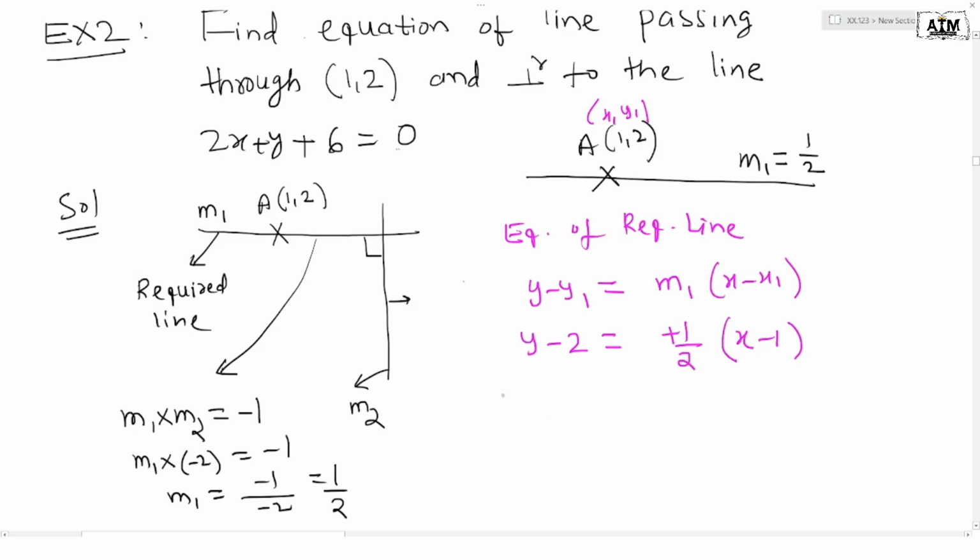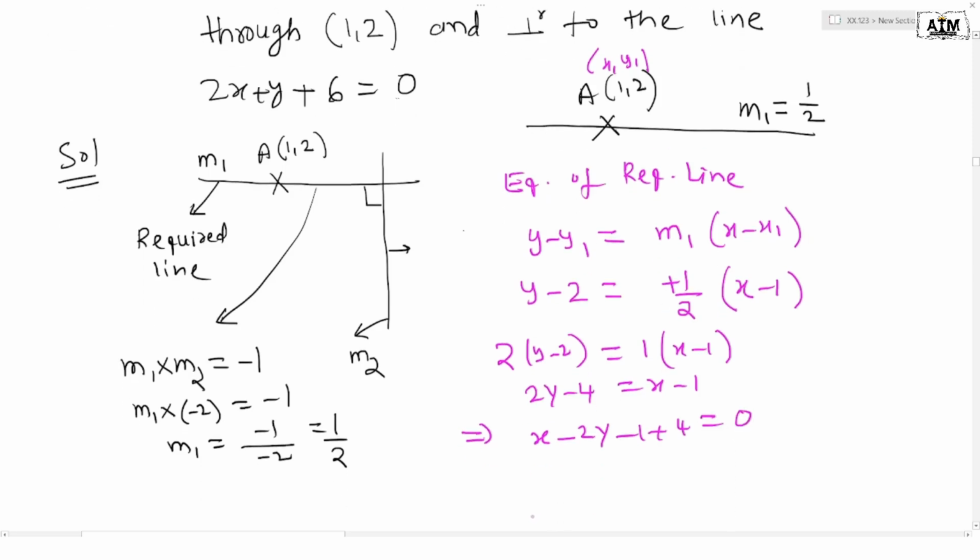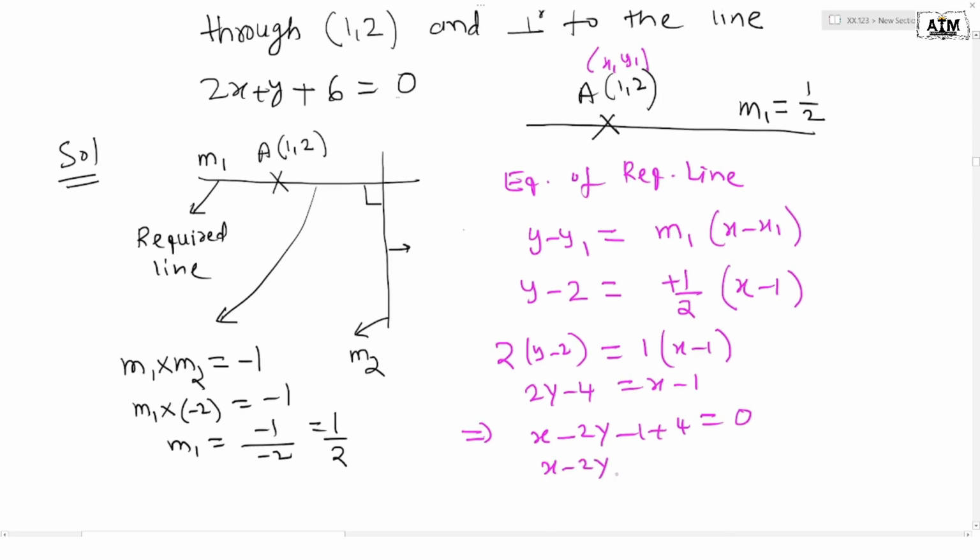Simplifying, 2 into y minus 2 equals 1 multiplied by x minus 1, so 2y minus 4 equals x minus 1, which implies x minus 2y minus 1 plus 4 equals 0, which implies x minus 2y plus 3 equals 0. So the equation of the required line is x minus 2y plus 3 equals 0.